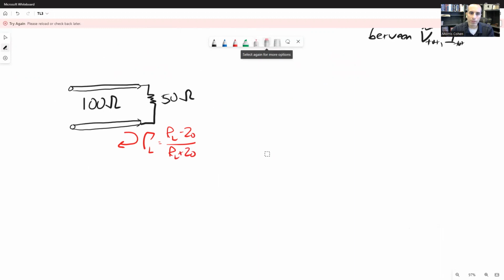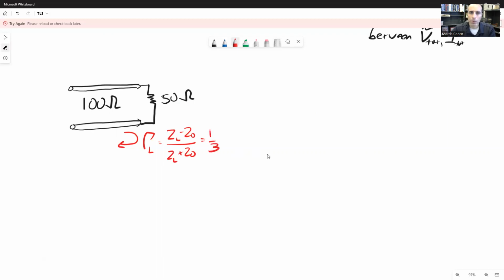Let's actually generalize this now. Instead of RL, let's put ZL, since this same equation applies even if the load is a capacitor or an inductor. So let's make this a ZL, and this works out to be 1/3.